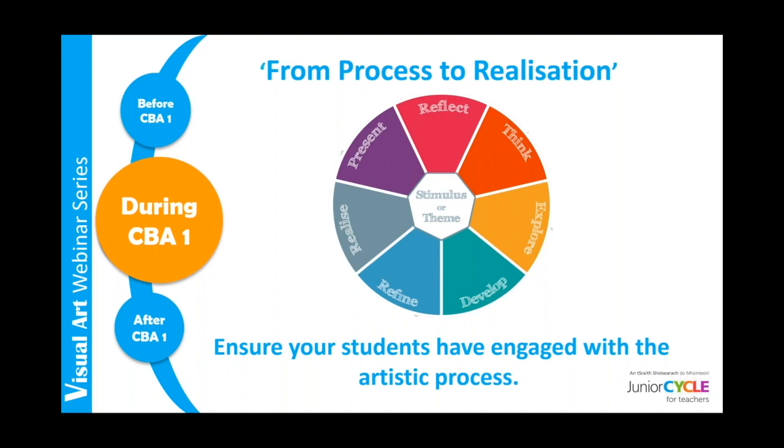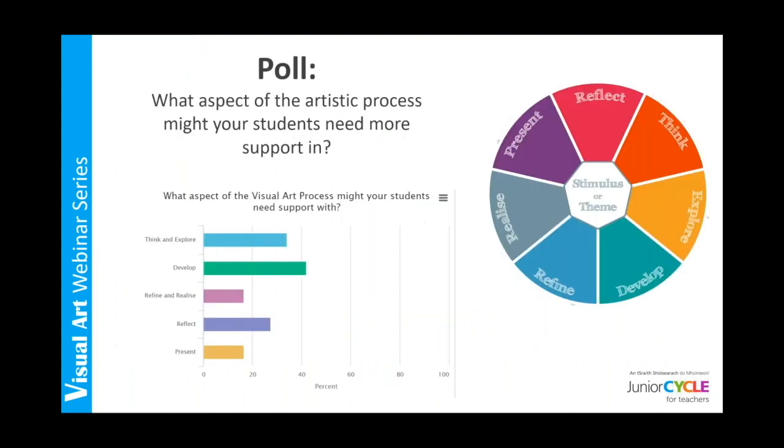The process wheel poster distributed in last year's workshop may support you and your students. During the live webinar, we asked participants what aspect of the visual artistic process might your students need more support in. The responses are highlighted on the screen.